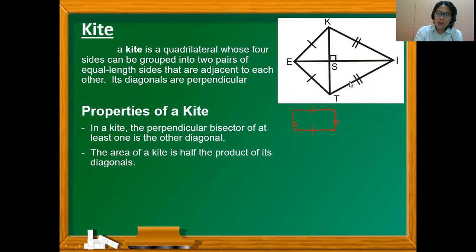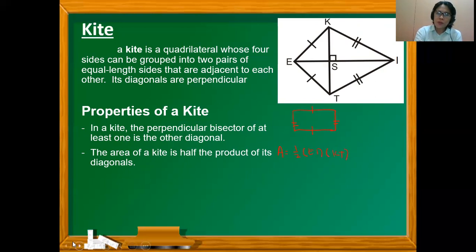In relation to kite K-I-T-E, the area will be one half the product of the lengths of its diagonals. So we have one half of EI and KT.